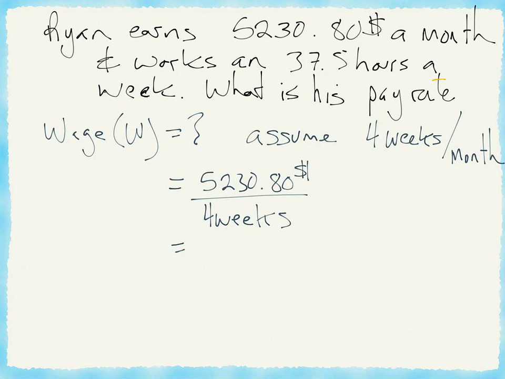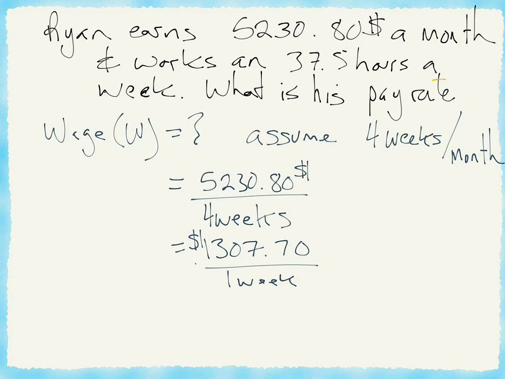And if we take that amount, again, make sure you're using your decimals correctly here. 5230.8 divided by 4. So in 1 week, he roughly makes $1,307.70 per 1 week. But we want to find out what he makes per hour.